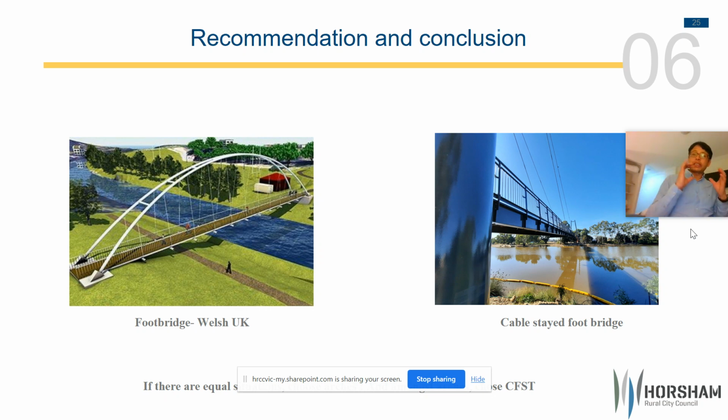But in terms of the CFST, you just keep on with good painting of that, then all the loads are taken in compression, and they will last forever as long as you keep on maintaining it. So that's why it's very important that you consider this aspect before deciding which type of bridge.